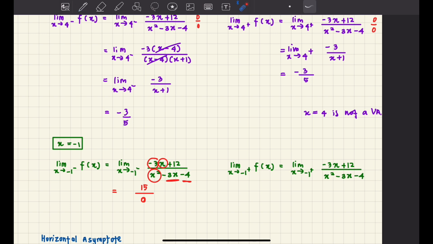Okay, so now kita akan test satu value untuk kita masukkan dalam kita punya x lah. Right, so let me erase this one first. Okay, so negative 1 minus means that kita akan tolak 0.1 lah. So kita akan guna value of negative 1.1.